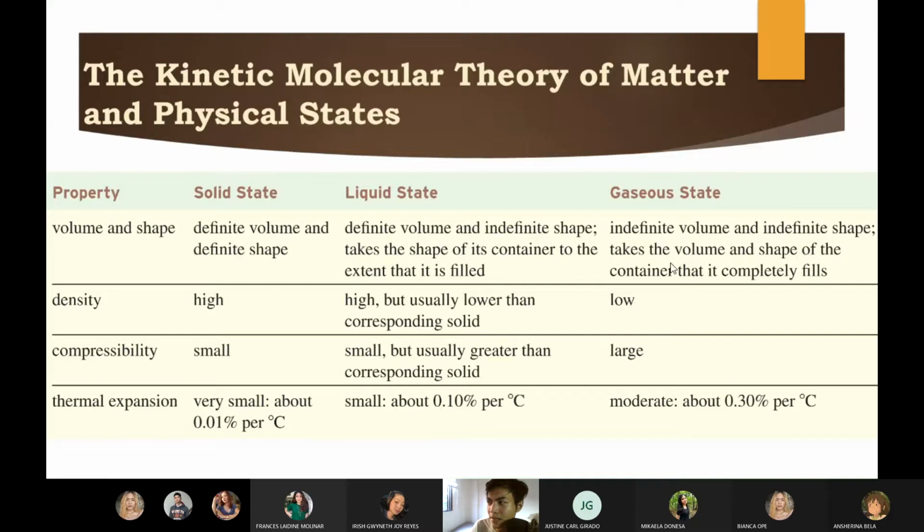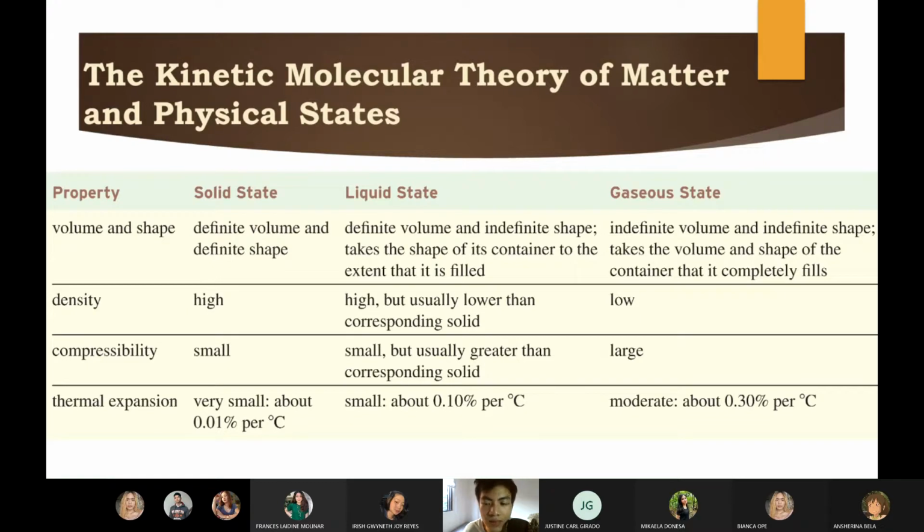Also, in terms of density, gaseous phases are low in density. Okay? So, bakit low in density sila? Kasi remember, yung distance ng particle dito ay malalaki compared to solids and liquids, no? Since malalaki yung distance nila, ibig sabihin, they will occupy greater volume, okay?